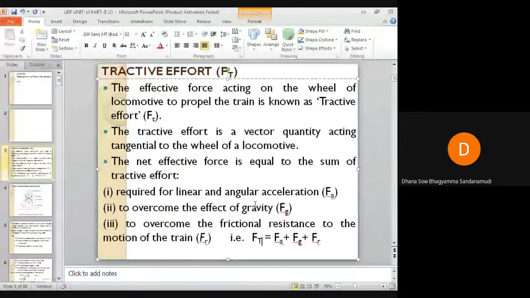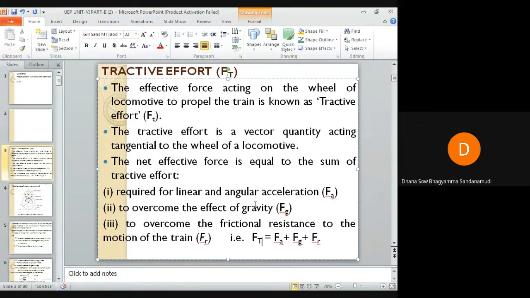F suffix capital T is the net tractive effort. Then Ft will be equal to Fa plus Fg plus Fr. Fa is the tractive effort required for linear and angular acceleration.